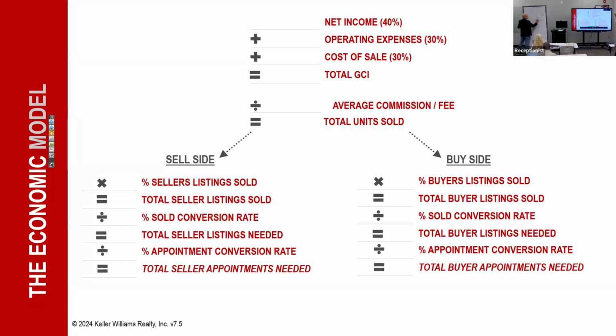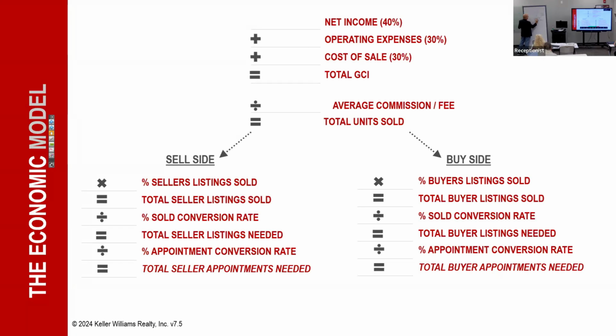So when we're doing the 30 and the 30, we're not dividing this number by 30. We're taking 30% of the total number. So what's 30% of $337,500? $101,250. And then $101,250 again.